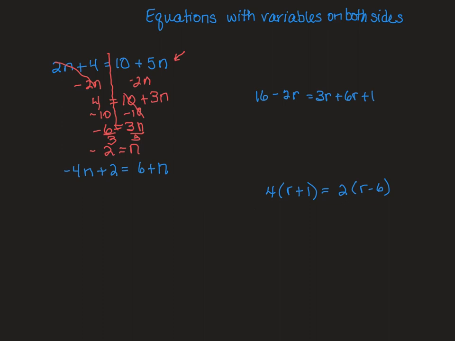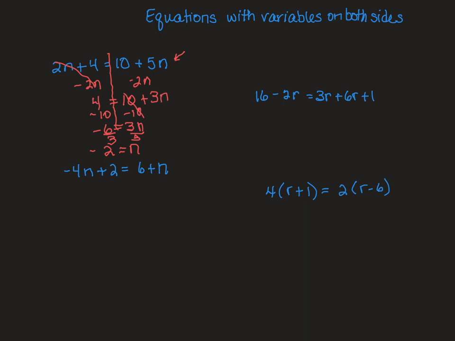Okay, so let's do another one. Now remember, I'm looking for the side that's going to give me the most positive n's. So this one actually is different. I can't very clearly see which is going to be the best. So I'm looking at the left side, and I have negative 4n, and the right side has n. But actually, negative 4n is less than n.